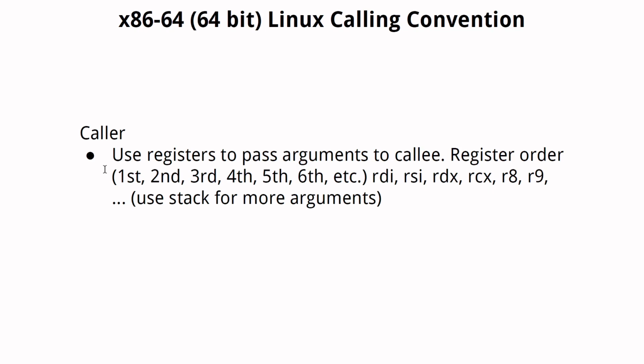Because of that, we don't have to use the stack to pass parameters, which is slow. For the 64-bit version, the calling convention is we just use registers. The first parameter goes to RDI. The second one goes to RSI. That's basically the order the compiler uses.